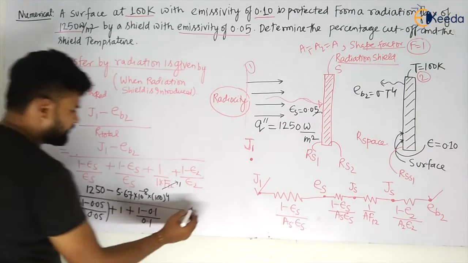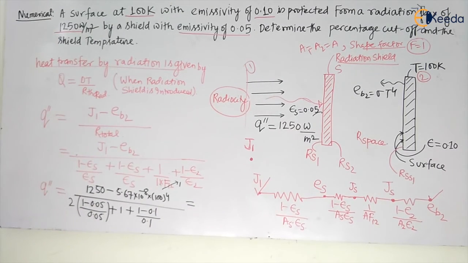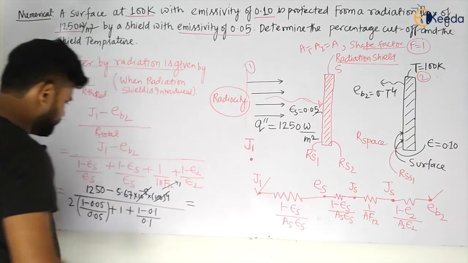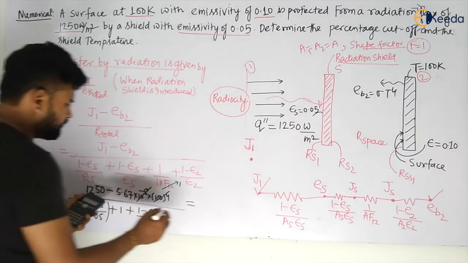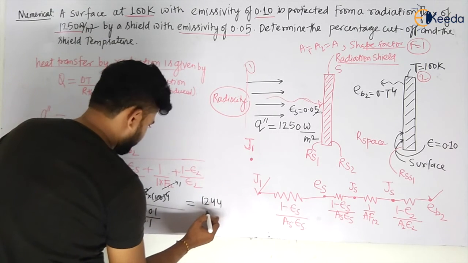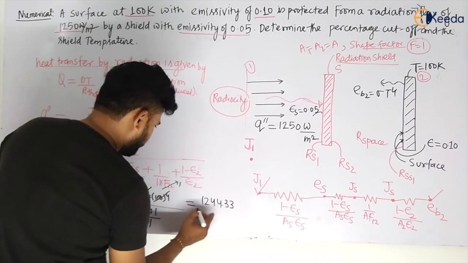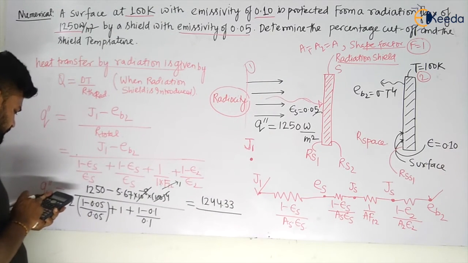So what will this be? Let us see. This will become 1250 watt per meter square minus 5.67. So this will go, I think. Yes. So this will become 1250 minus 5.67, that is 1244.33, divided by, this will become how much? 1 minus 0.05 divided by 0.05.